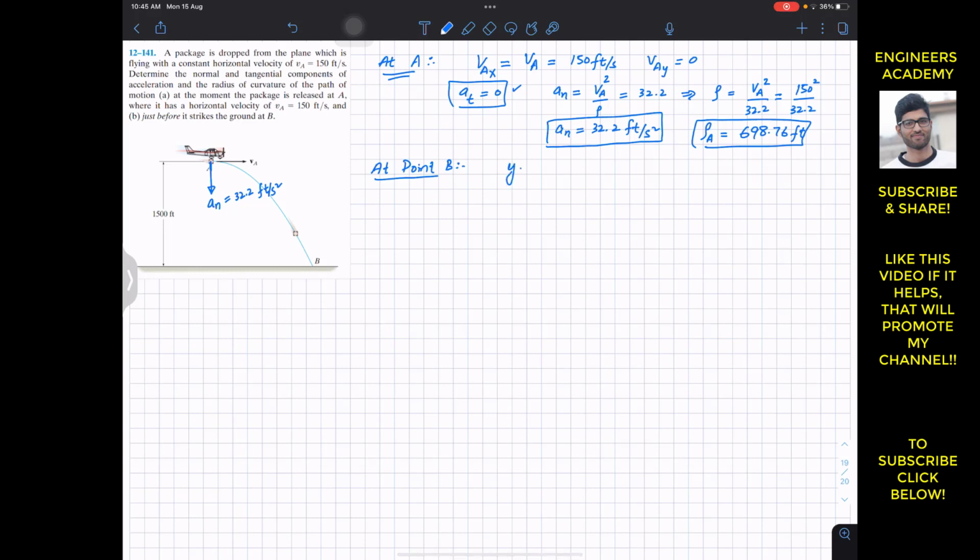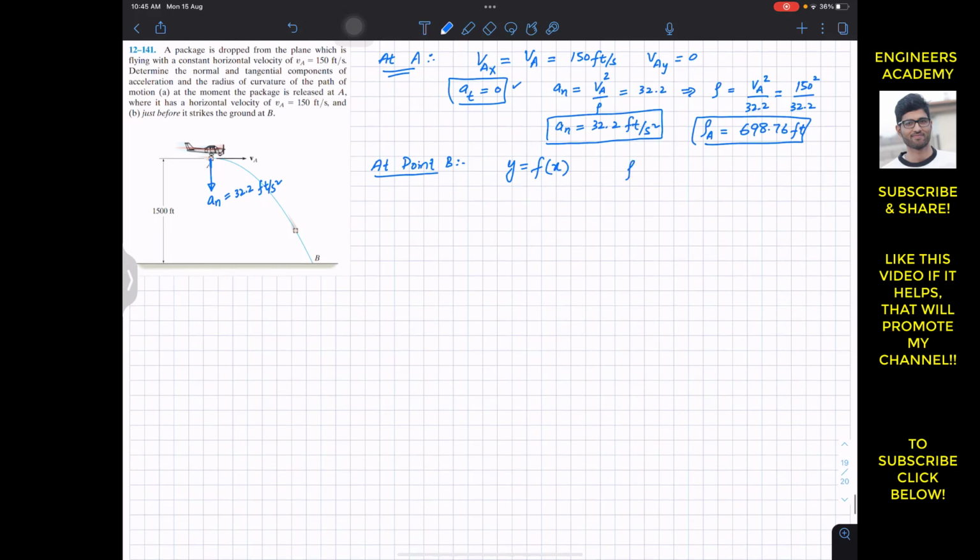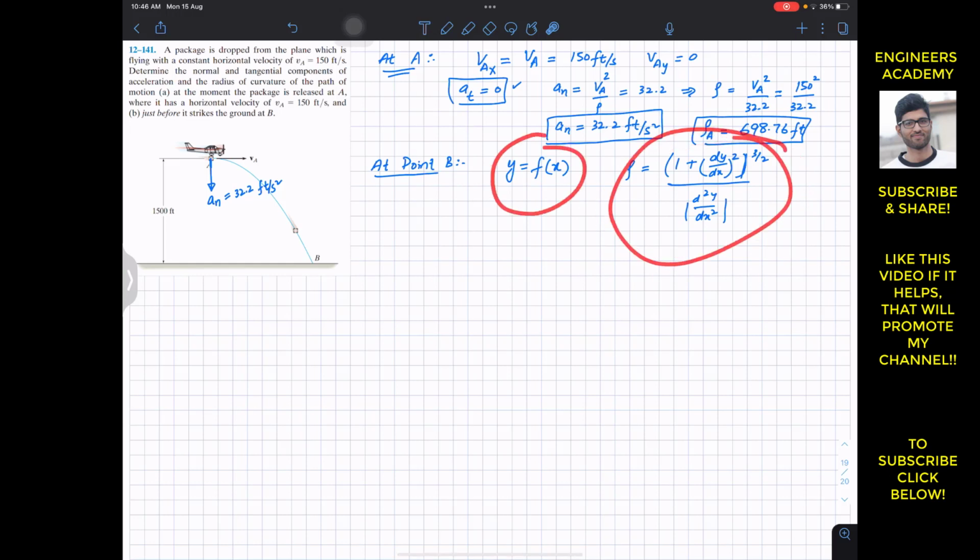We need to have y as a function of x in order to apply that equation, that is, the radius of the curvature is equal to 1 plus dy by dx square to the power 3 divided by 2, divided by the absolute value of d square y divided by dx square. So in order to evaluate this equation, we need y as a function of x.